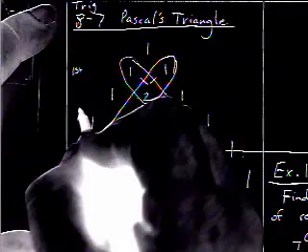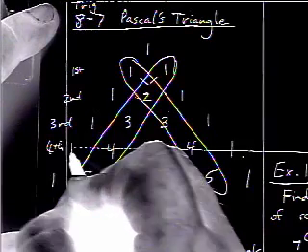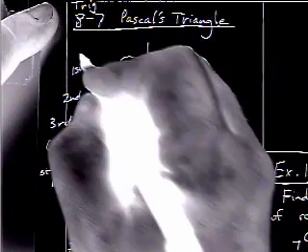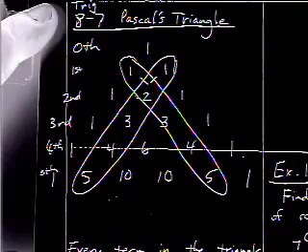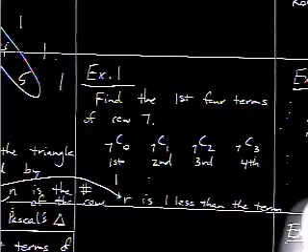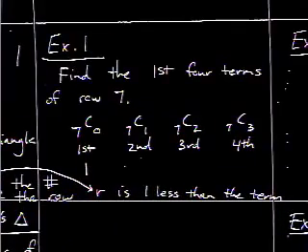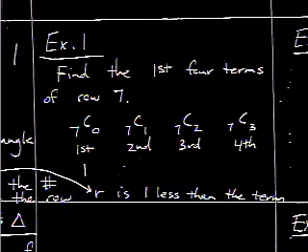So this is the first row and the second row and the third row and the 4th row and the 5th row. And this one we call the 0th row. So what do you think the second term happens to be? 7. Check it out if you want to.